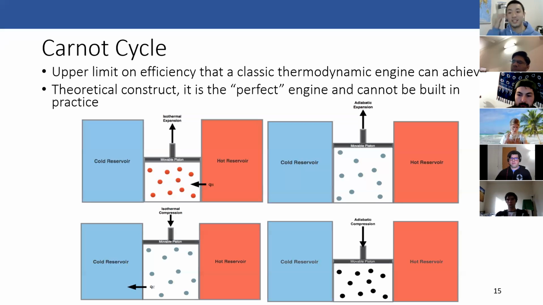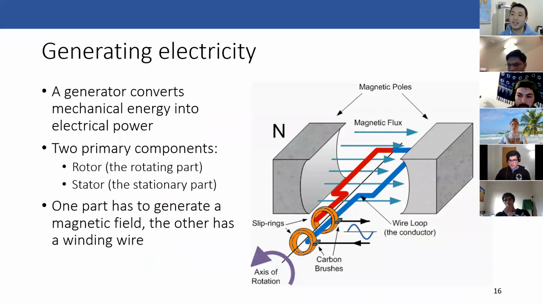We don't actually have a bunch of mechanical movement from combustion that gets transferred directly into our lives in a way that we would want it. The basic idea here is that you are able to generate electricity through mechanical energy.